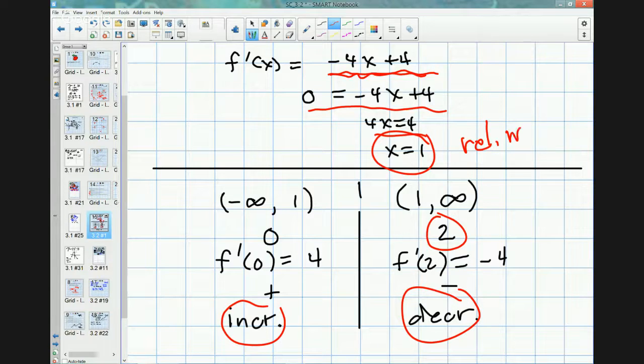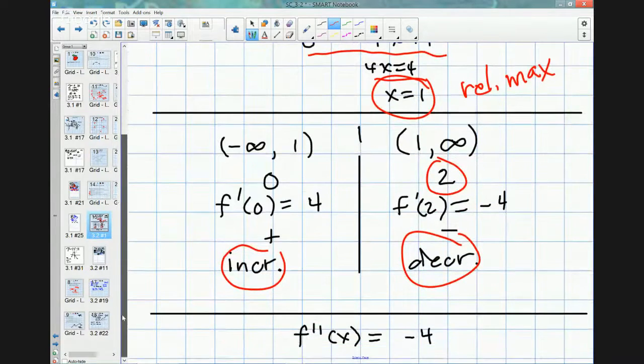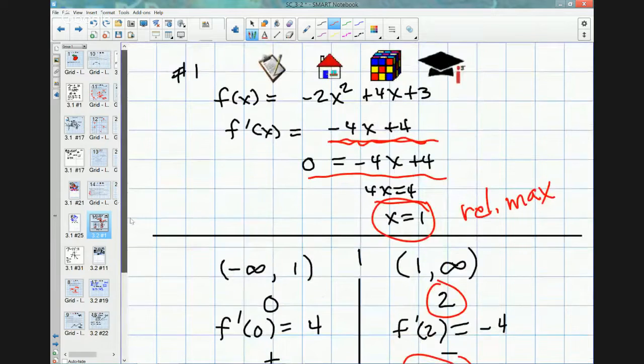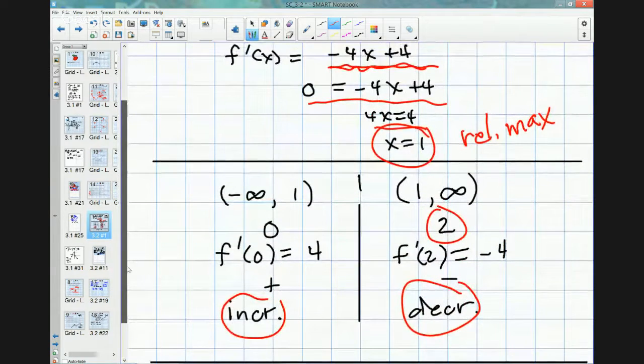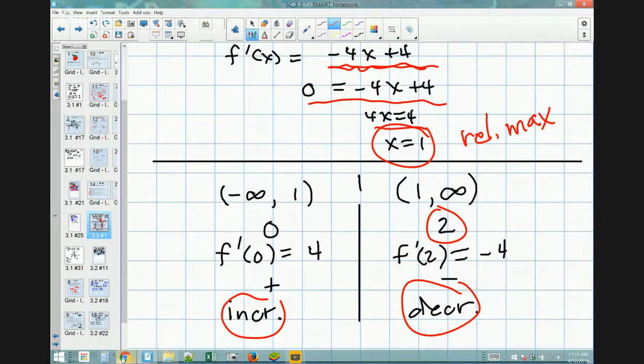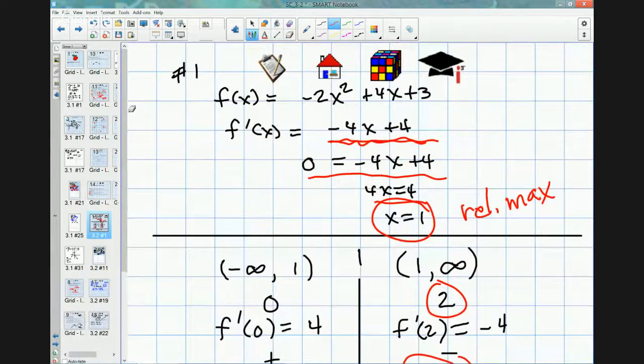A relative maximum. I mean, let's see, do I have the graph? No. And by the way, that second derivative, I got antsy, that's really coming from next time. So let me quickly open up, what was our function? Negative 2x squared plus 4x plus 3.